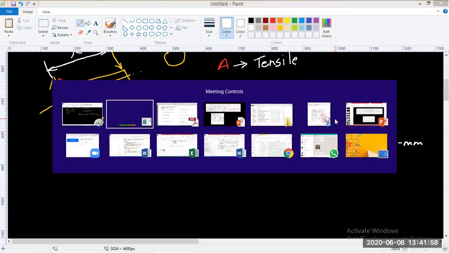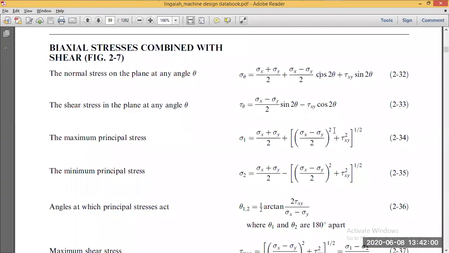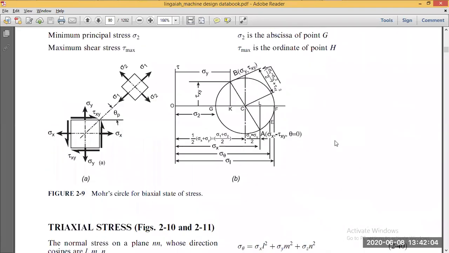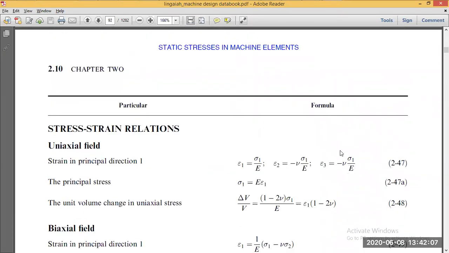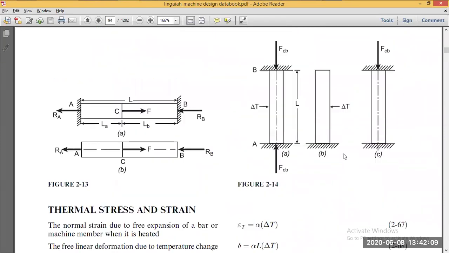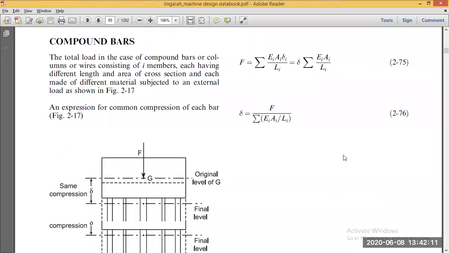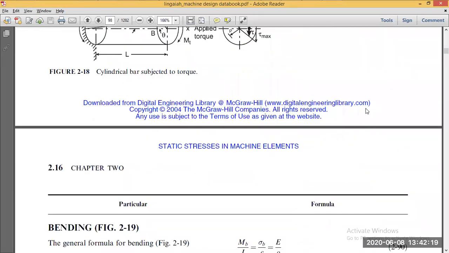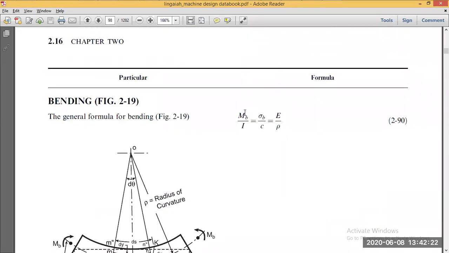Here we come up with the governing equation, the bending equation, which we call the governing equation. You can find it again in the data handbook. Let me just show it to you. Here, bending.